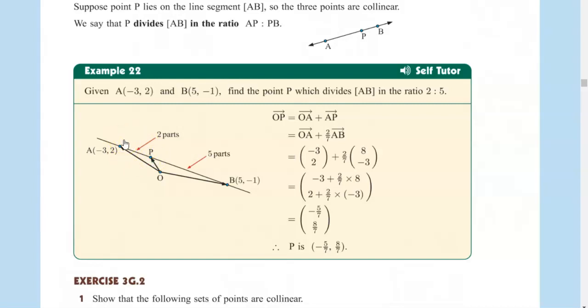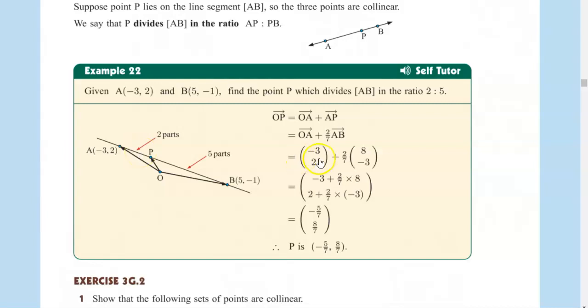You just add the bits together to get your denominator. So you zoned out then, that's why I'm asking you. So notice 2:5. How many parts have we got altogether? 7 parts, and this is 2 out of the 7. Does that make sense?